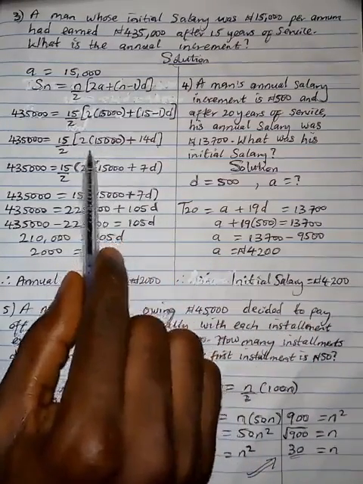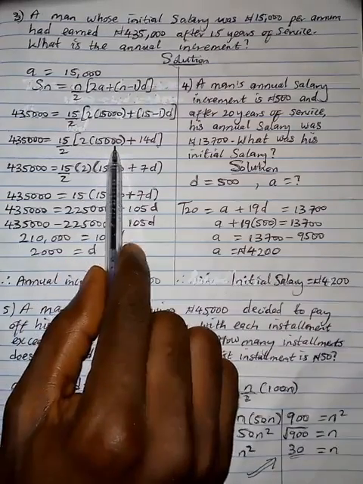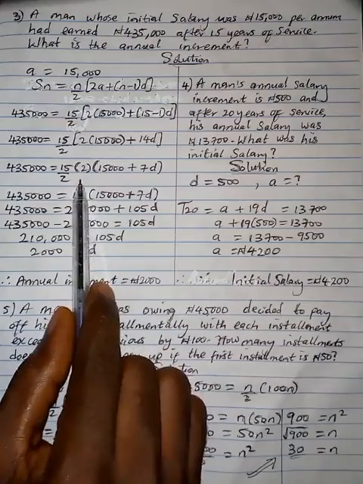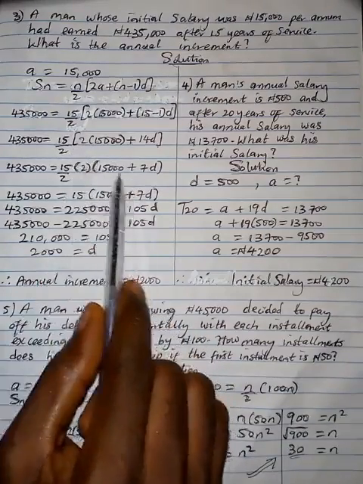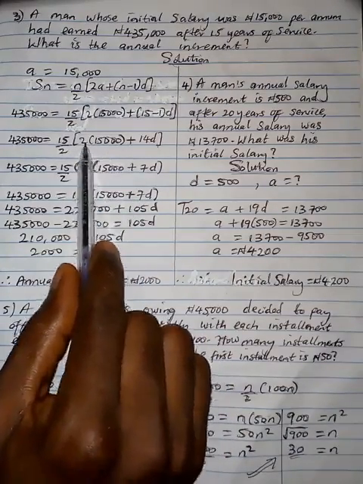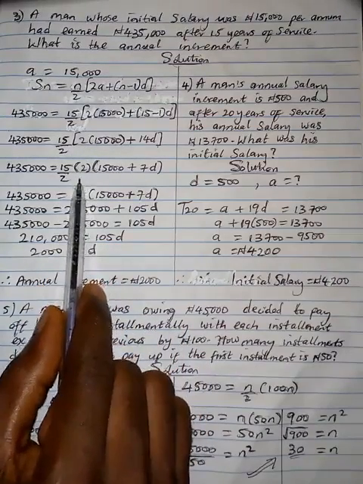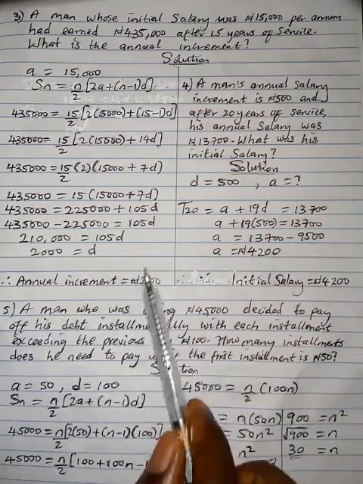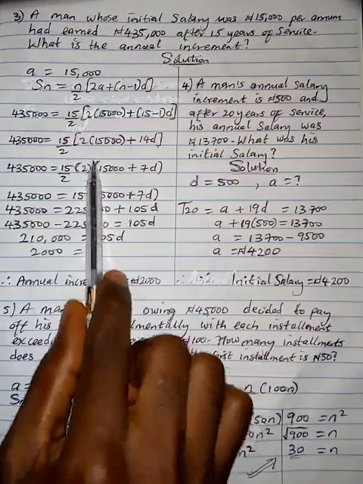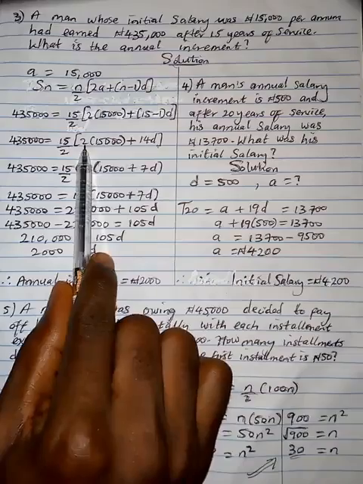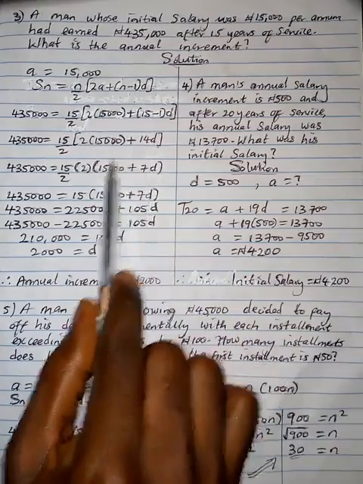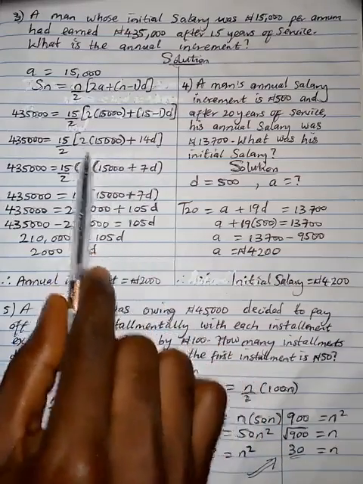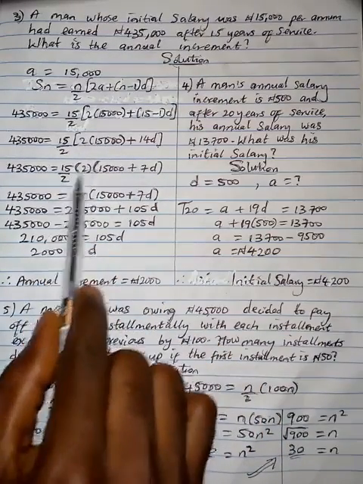Now the next thing I dealt with is the 2 times. What I did here is I factored out the 2. Looking at this, I have 2 here, and then I brought out another 2 from here. If I divide this by 2 it gives me 7, so I factored out 2 so that these 2 end up canceling these 2 that I have here.